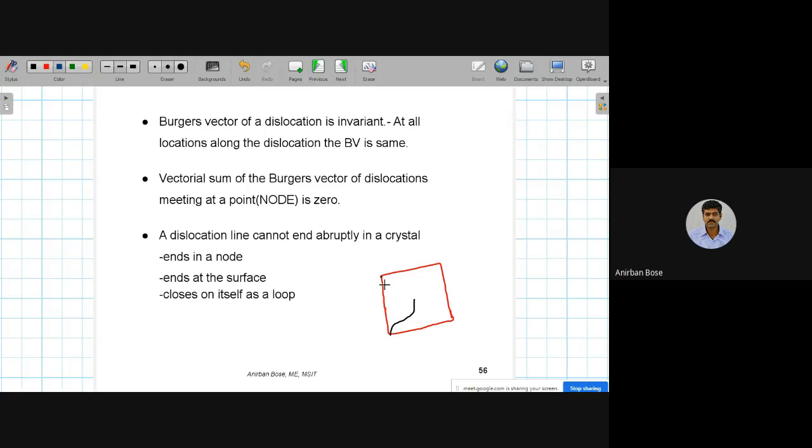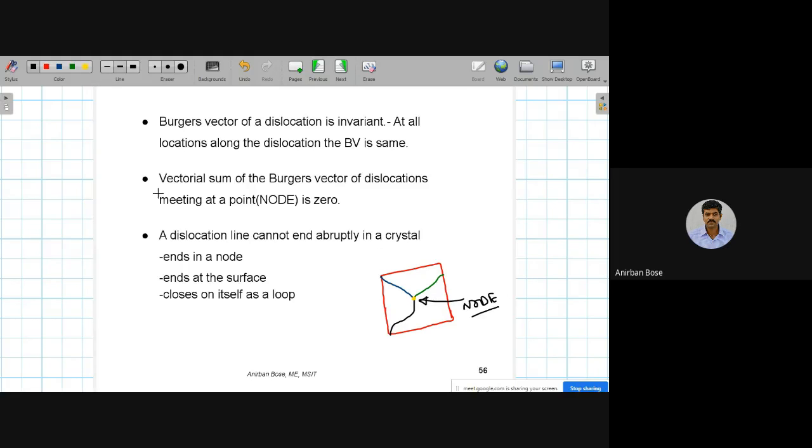Suppose this one is another dislocation, and the green one is another dislocation. So now these three dislocations, as you can see, are meeting at this point. So this particular point is called a node, where all these dislocations can meet.